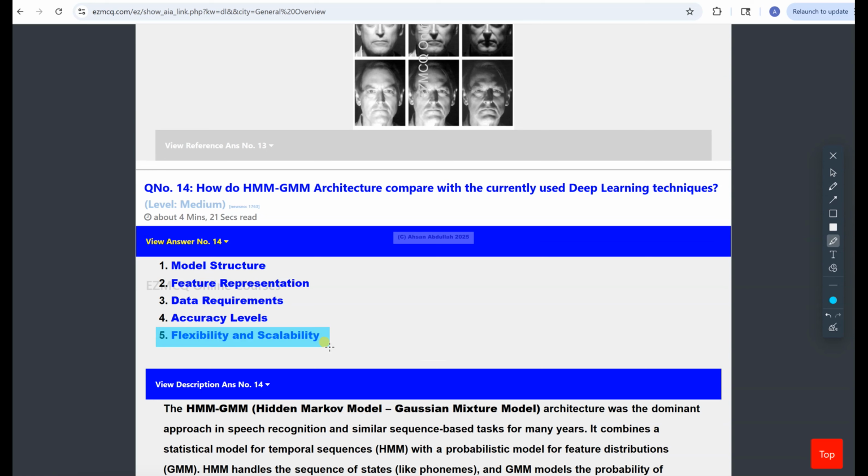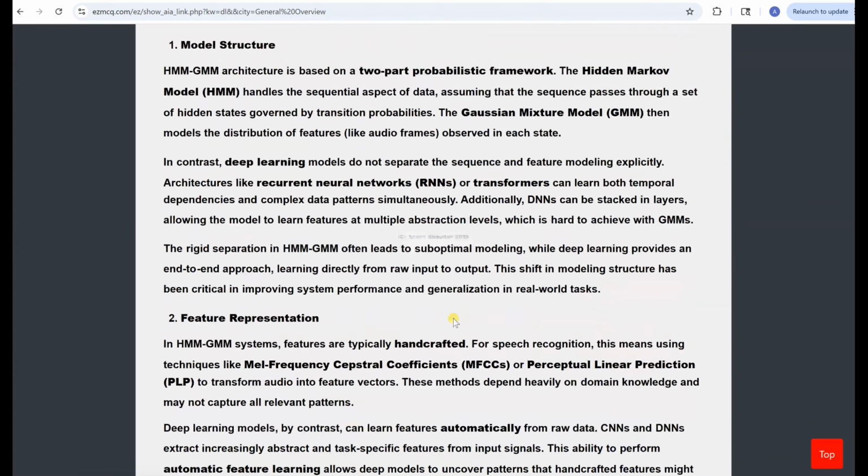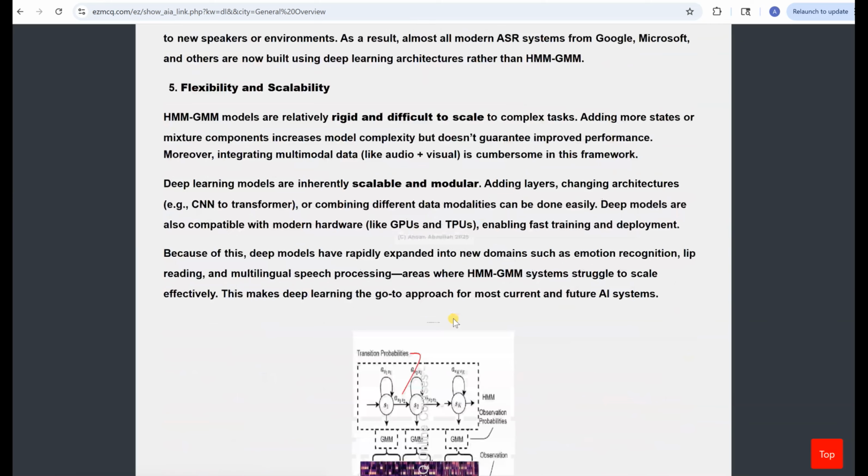As opposed to them, HMM and GMM have limited scalability and limited flexibility, their structures depend on constraints, and they have a big problem adapting to new tasks or larger data sets. So they are good from a historical perspective, but not from a practical application point of view.